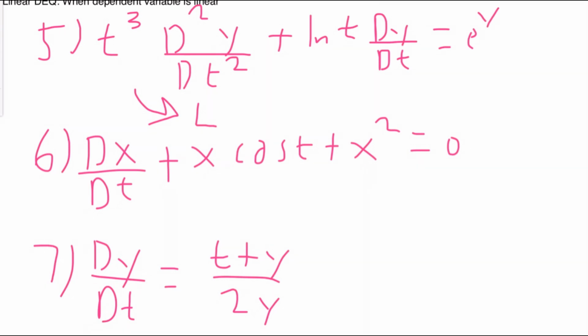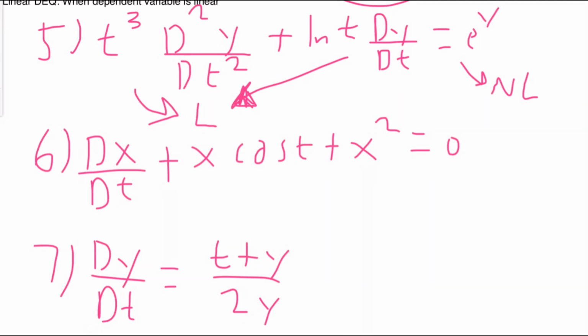And ln t dy over dt is also linear. However, e to the y is nonlinear, automatically making this entire equation nonlinear. Since y is a dependent variable and it's an exponential, it's going to be nonlinear. And ln t dy over dt was completely fine because t is independent, so we don't worry about that.